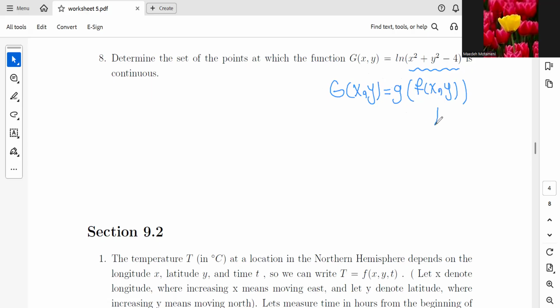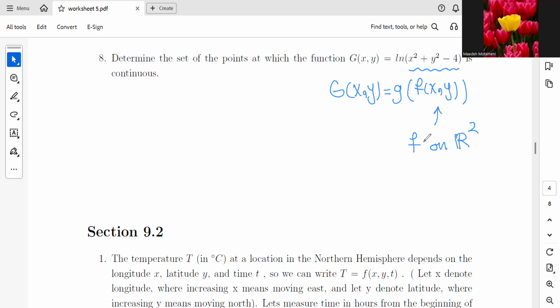So about the inside function, f here is a polynomial, and it is continuous on every value of x and y. So it is defined on r squared.